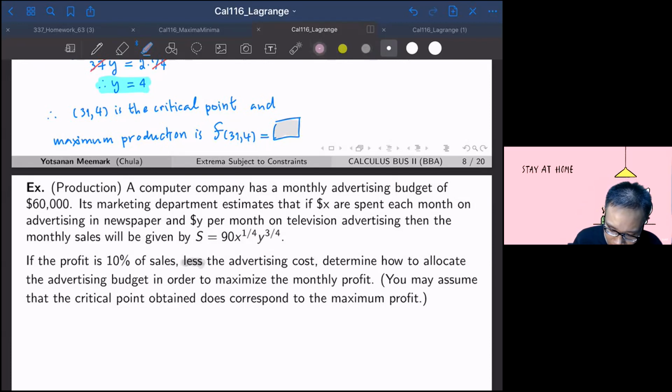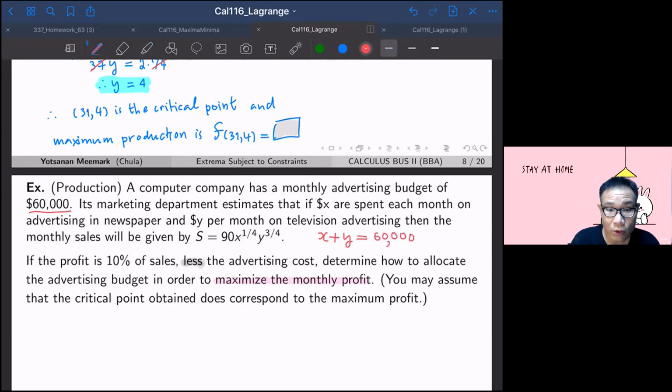So in this case, you'd like to find the maximum monthly profit. Let me read the question with you again. The money that you have will be 60,000, so this is the amount of money that you have. So x plus y dollars is what you can spend, and it's gonna be 60,000.